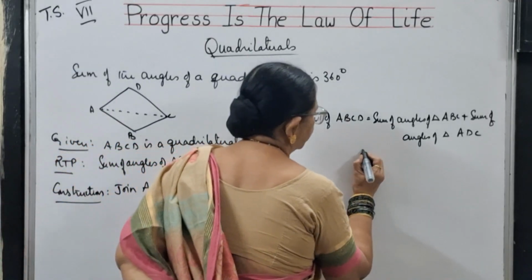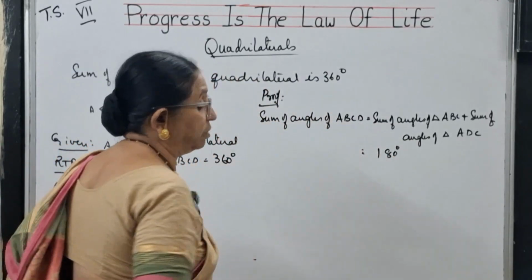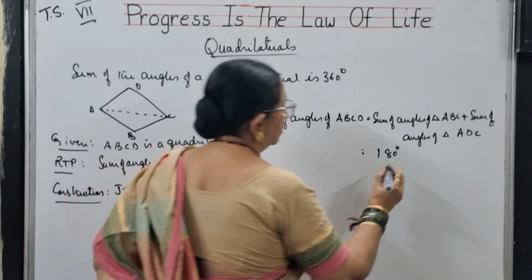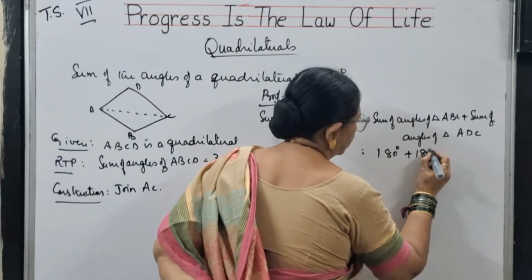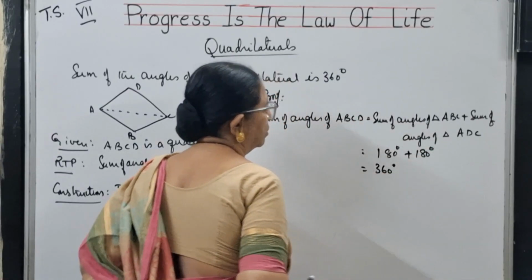Sum of the angles of triangle ABC is 180 degrees. We know that in triangles the sum of the three angles is 180 degrees, plus another triangle also is 180 degrees. That is equal to 360 degrees.